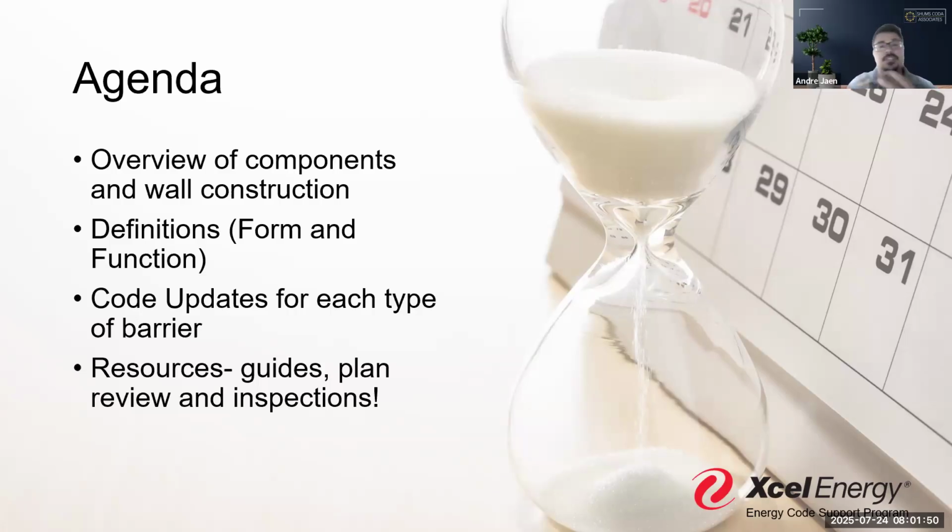We're going to talk about the definitions of each one of these products in the code and how it relates back to the way that we're going to think about enforcing them. We're going to talk about any code updates for these, kind of what's changed over recent years, so you know what is here, what may be coming down the road. And then we're going to get into the meat and potatoes, which is that resources component. I'm going to try and walk through these, I'll say, briskly in order to be able to get us through all of the stuff that we have for today.